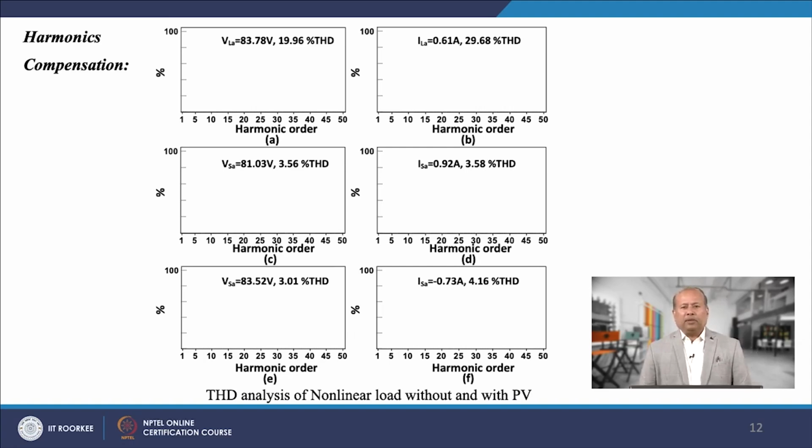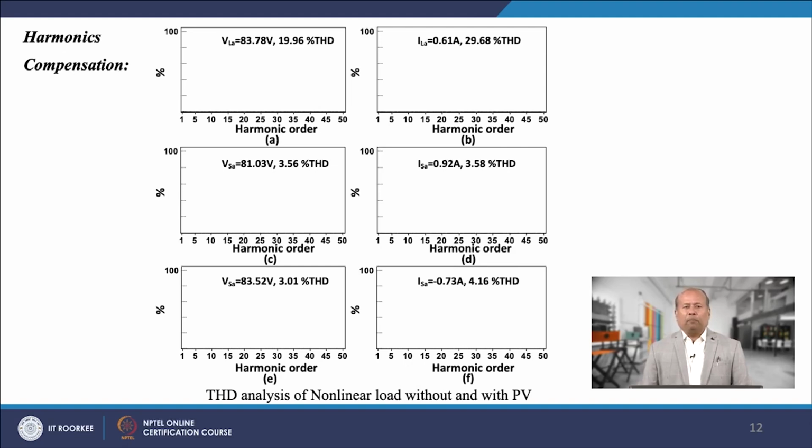It can be observed that the THD of voltage is 19.96% and the current is 29.68%. For figures C and D, the source voltage and current THDs are 3.56% and 3.58% respectively as shown in the figure.